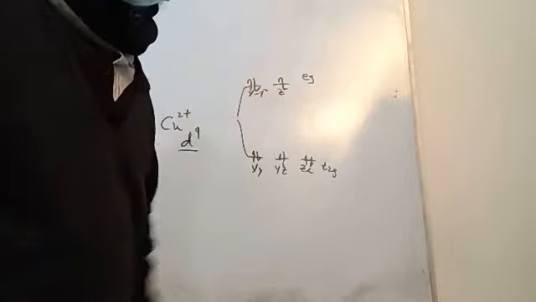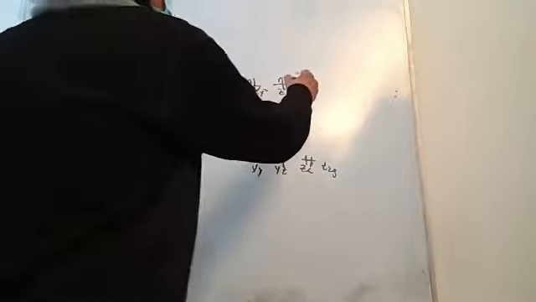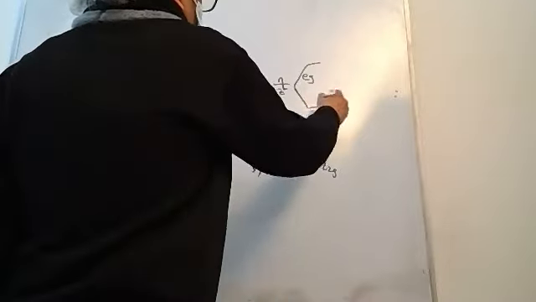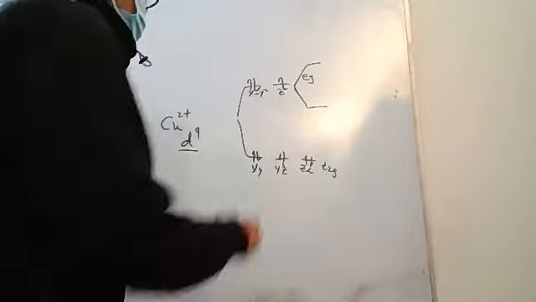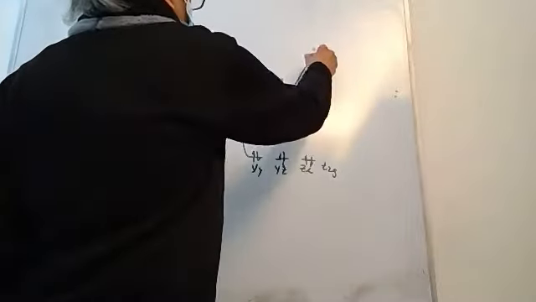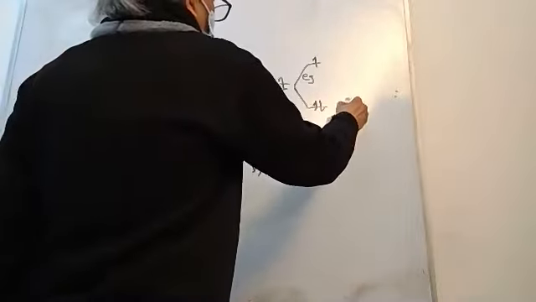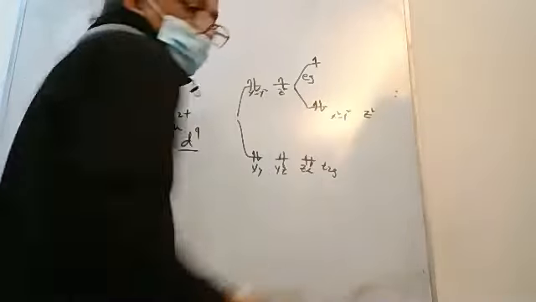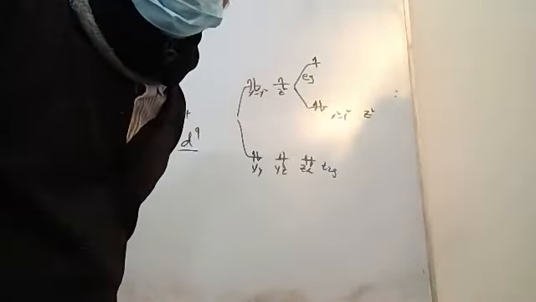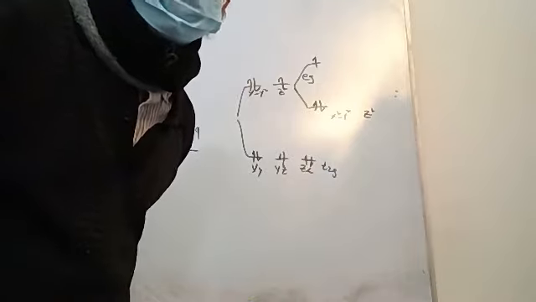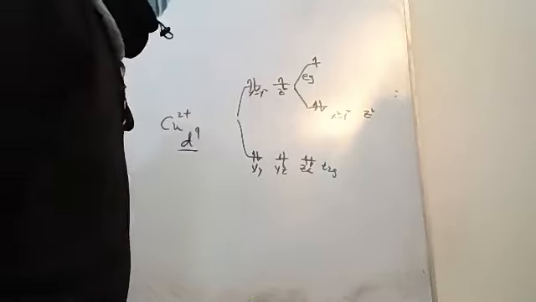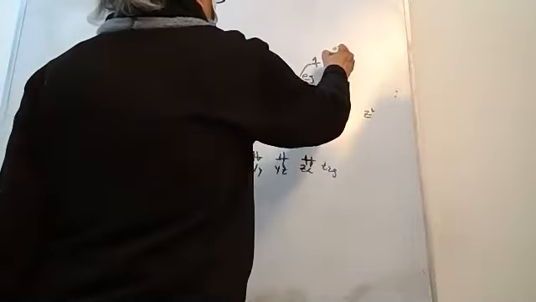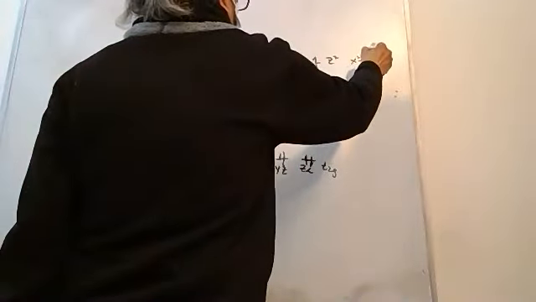Nature will decide it so that it will split the orbitals into two, one with a lower energy, one with a higher energy. So, for example, the lower energy could be x squared minus y squared, or it could be the dz squared orbital. Unless you do an experiment, you will not be able to know which one is stabilized. Similarly, the upper orbital could be dz squared or x squared minus y squared.